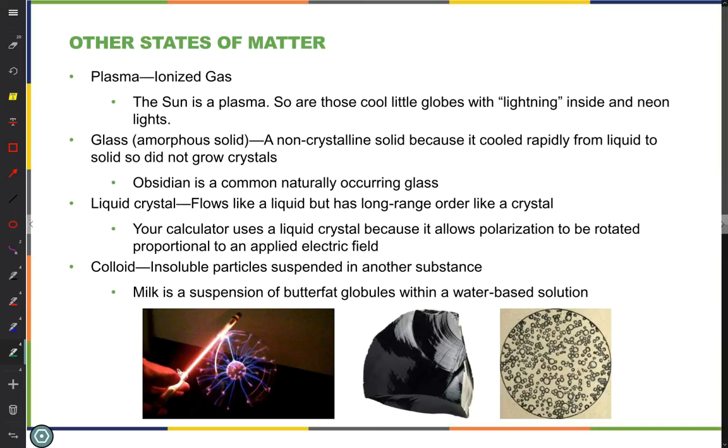So this picture shows two common plasmas. One, a neon lamp, or the same thing that's going on with the fluorescent lamps above us. They have plasmas inside. In the fluorescent, you have a plasma with mercury, I believe, and then you have phosphorus coating the inside of the tube to absorb the ultraviolet light from mercury, because that's not good for the old eyes, and then give visible light.